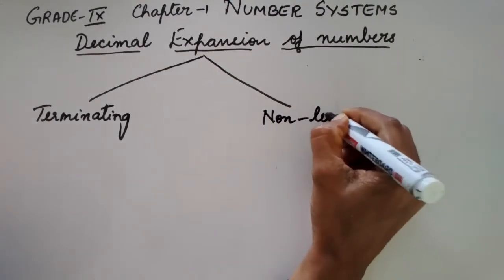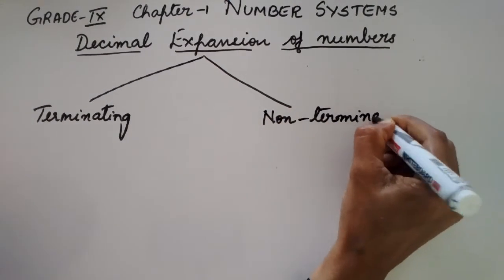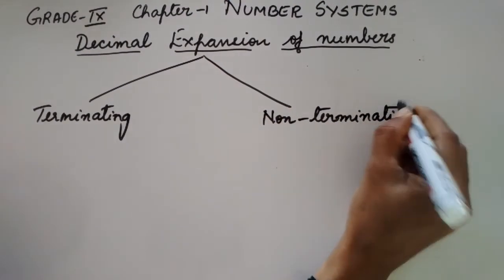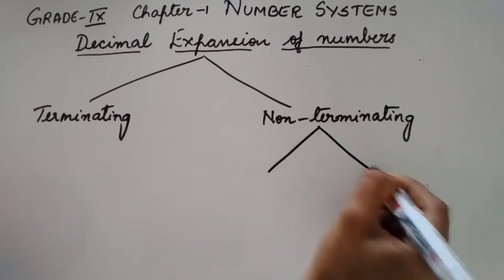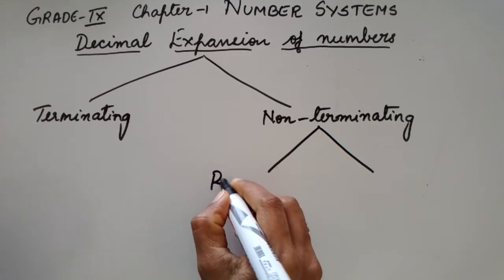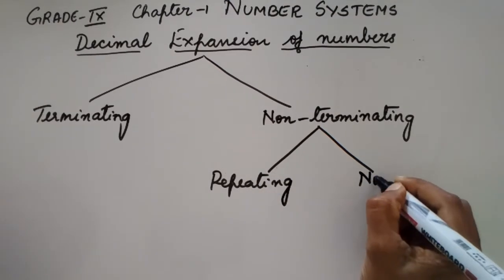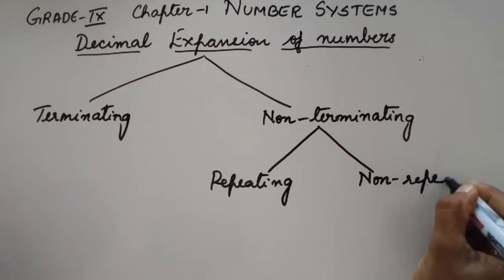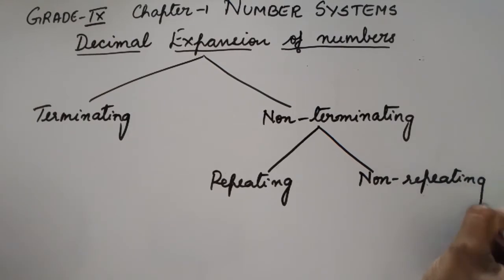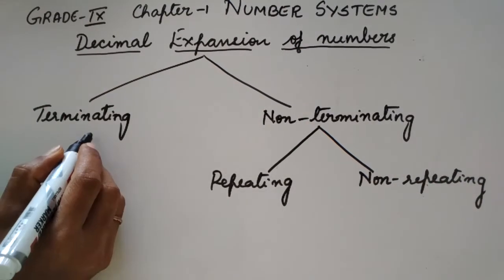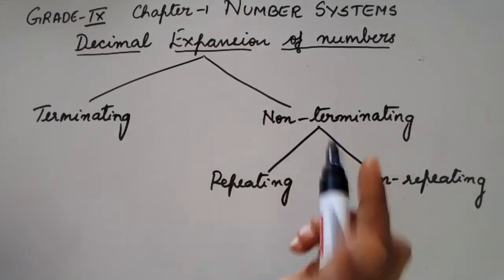Under non-terminating, you had two types, repeating and non-repeating. So terminating decimals are rational numbers.